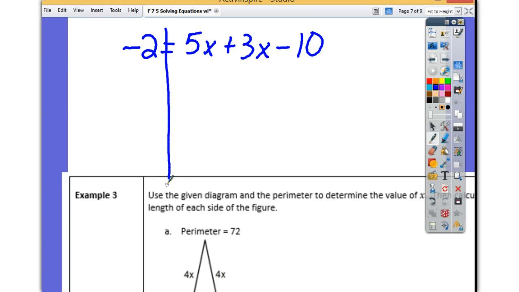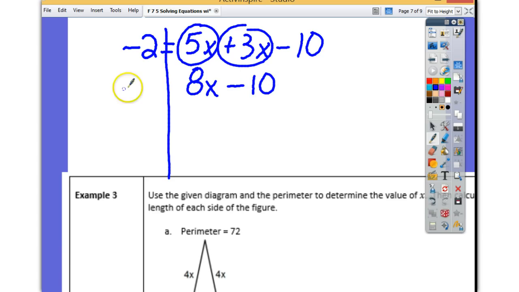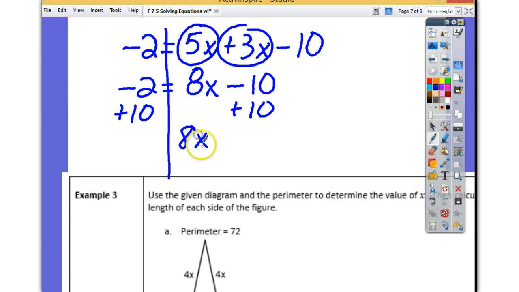Now if I solve that, I combine my like terms, I get 8x, bring down my minus 10, my minus 2. Red Rover, send over, plus 10. 8x equals what?